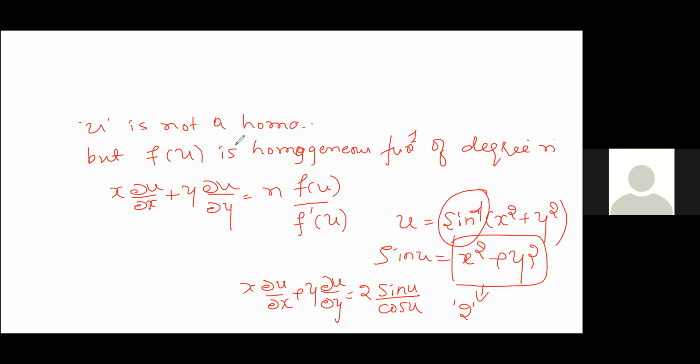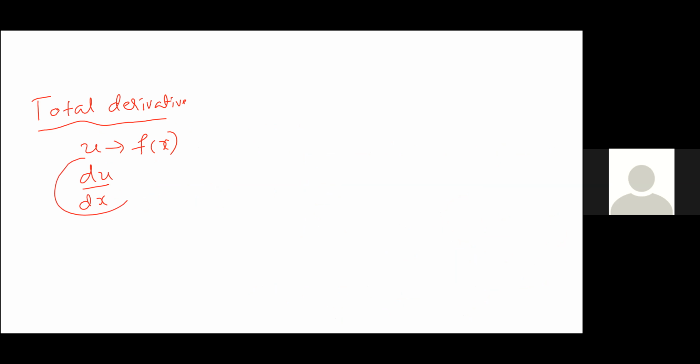Okay, so next, total derivative. Total derivative means if u is a function of x, then du by dx is the total derivative.